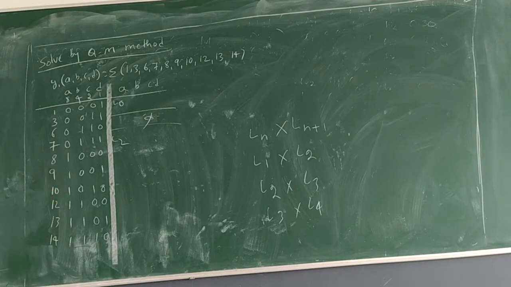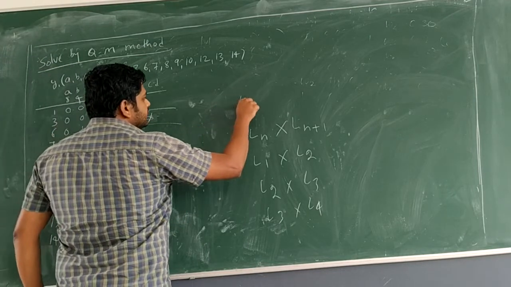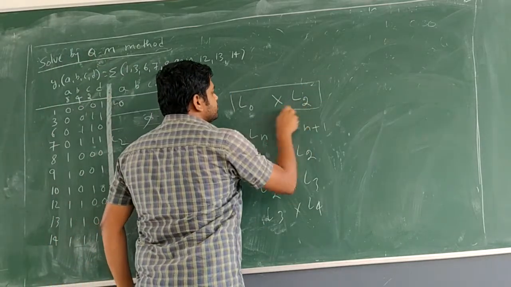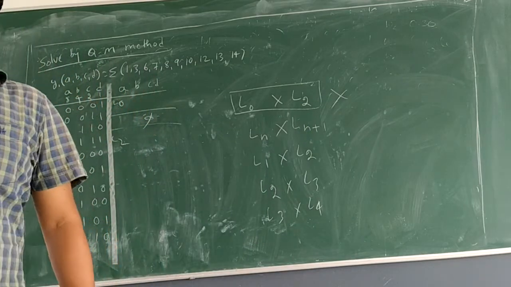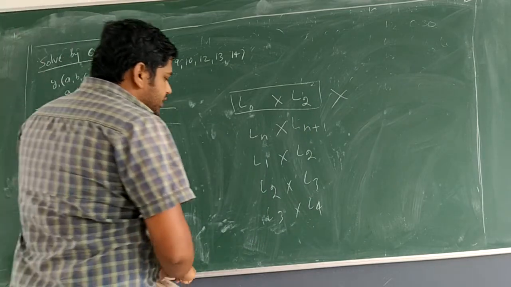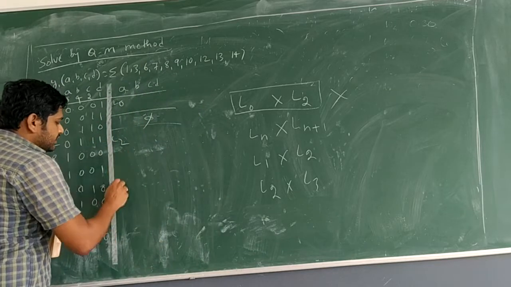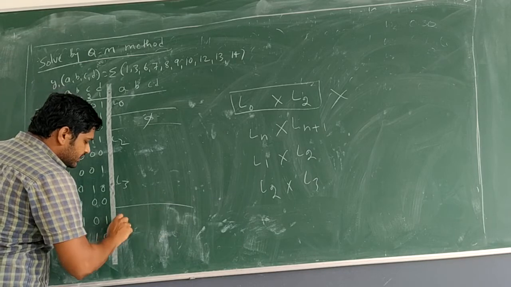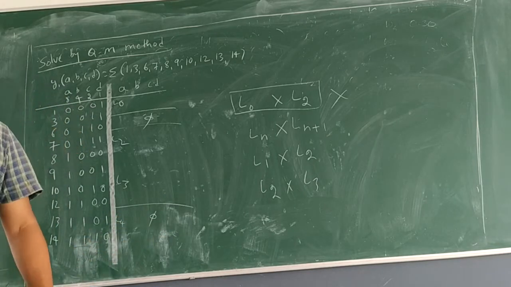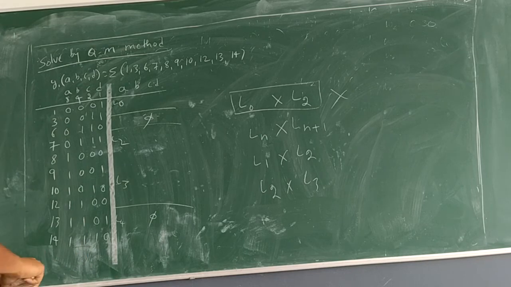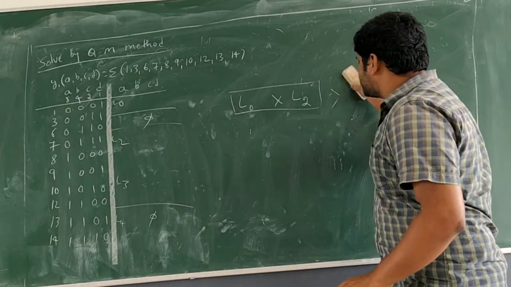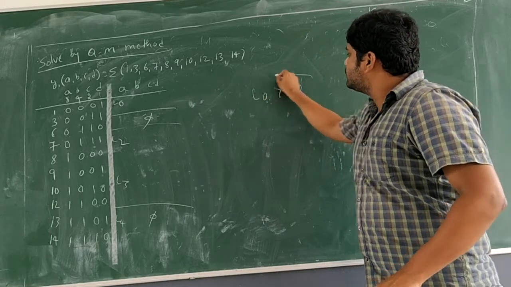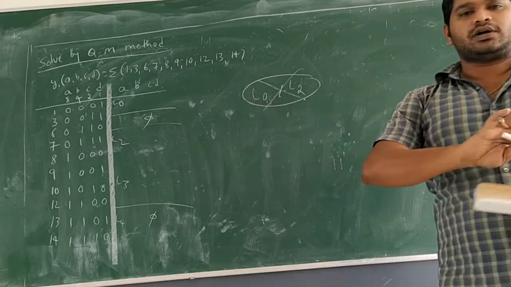But if the L0 set is there and the L1 set is not there, then L0 with L2 is not allowed. Similarly, assume L2 is there, L3 is there, and L4 is empty. What are the possible comparisons? L0 with L2 is not allowed.